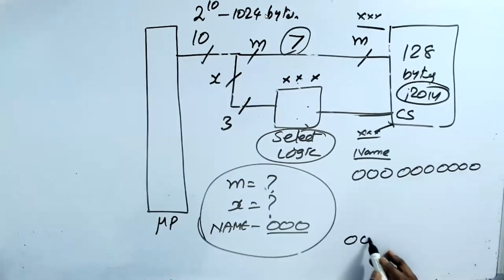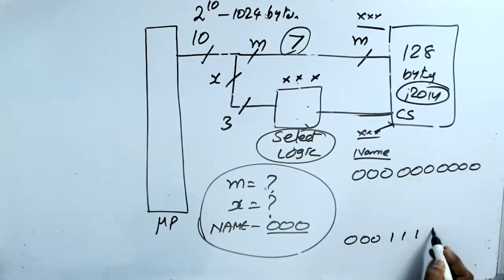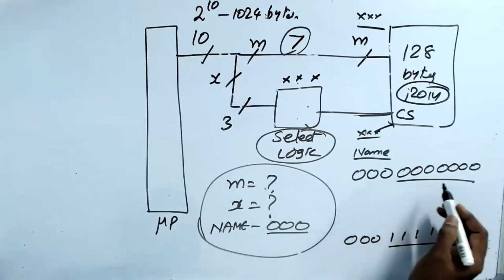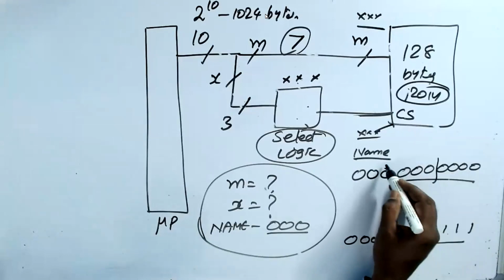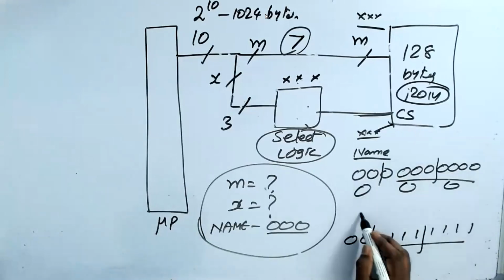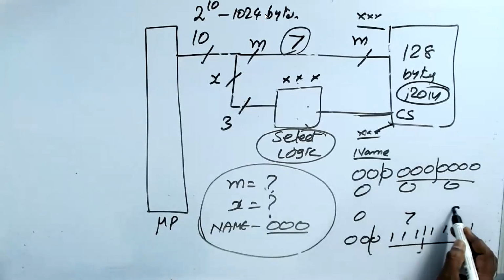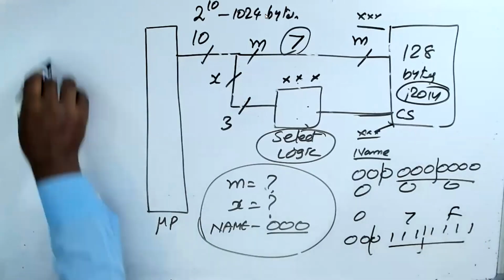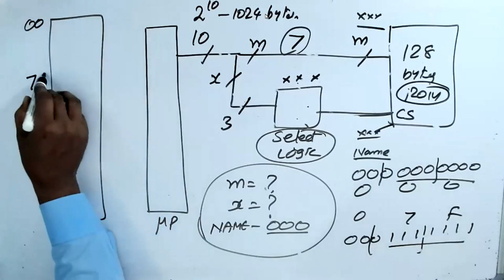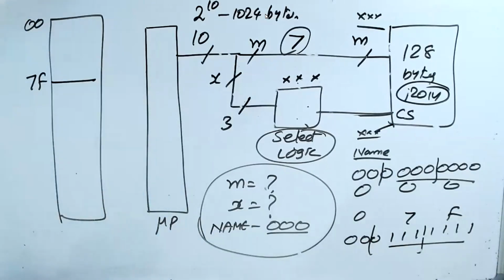The ending address is 0 0 0 followed by 7 ones. So 7-bit smallest number, 7-bit biggest number. If you take them in groups of 4, the starting address is 0 0 0 0 and the ending address is 0 0 7 F. In your memory map, the starting address is 0 0 0 0 and the ending address is 0 0 7 F. It's clear.